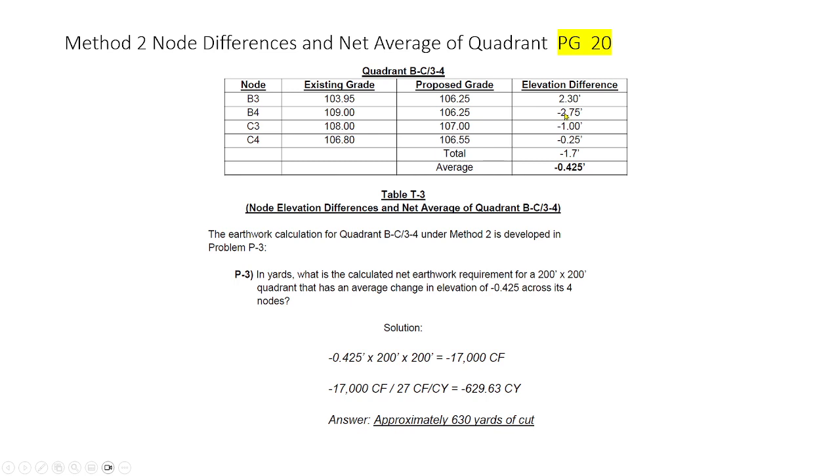You have to use what's called the negative button, down at the bottom, because you can't say 230 minus that. That's not what we're looking for. You're 230 plus a negative 2.75. You're still going to come up with a similar number, but it's going to be positive if you do it my way. I'm not saying positive good. I'm just saying it's going to tell you that you're going to have a cut.